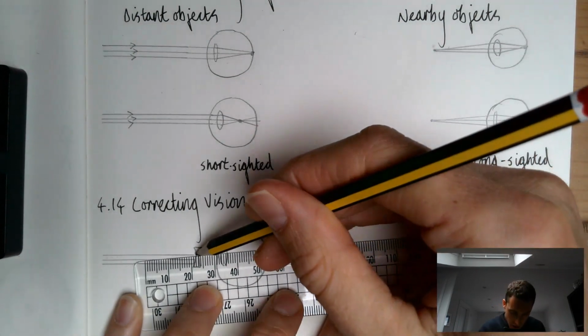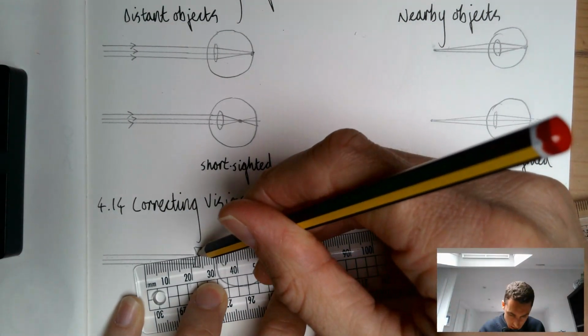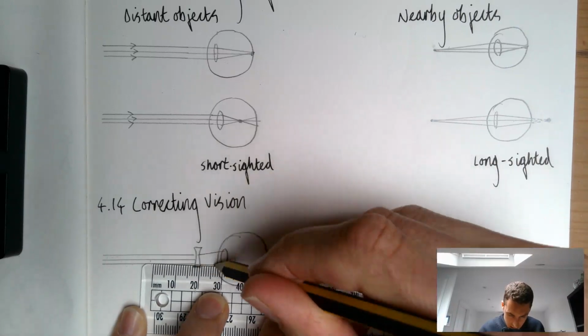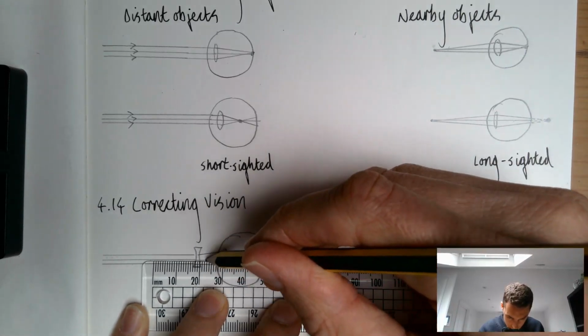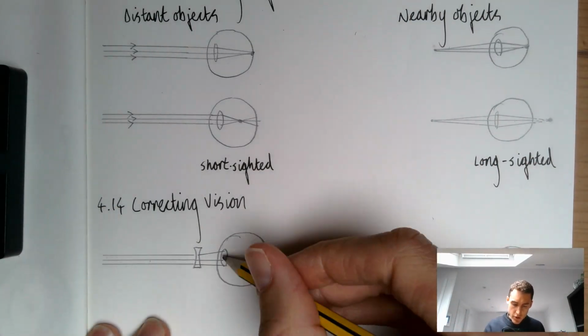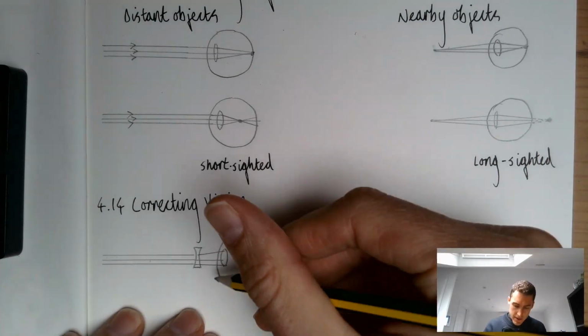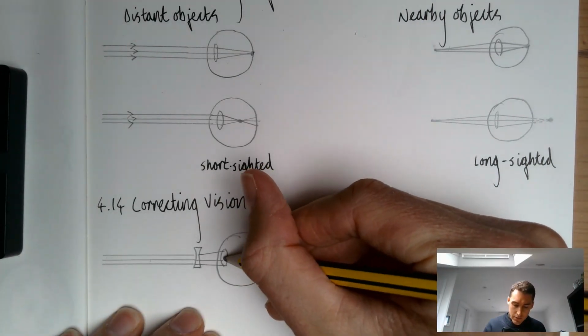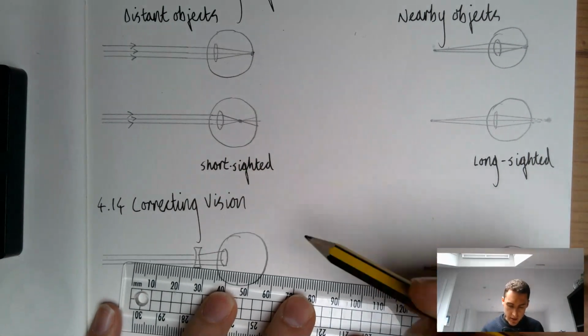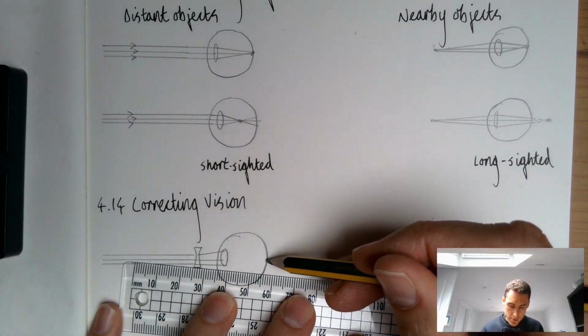So you can then show this as follows. This is not going to be the greatest diagram, but hopefully it's clear enough. Show that actually you're spreading those light rays apart. You're making them go a little bit wider, and therefore these have lots and lots of refraction to do in order to get the focal point to be on the retina.